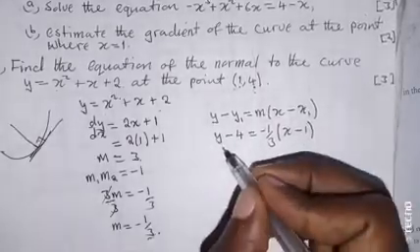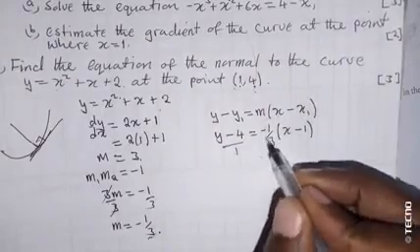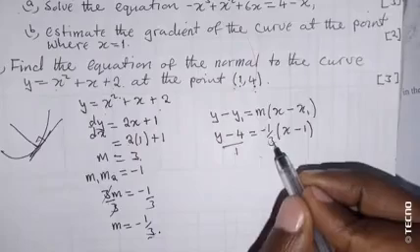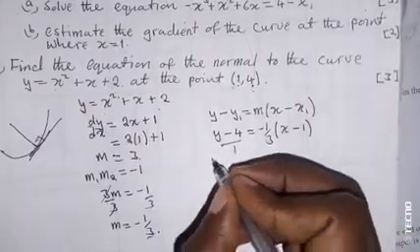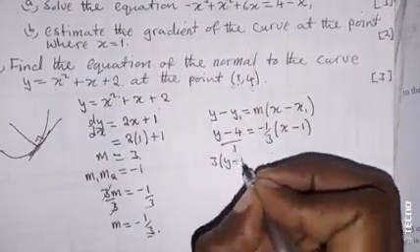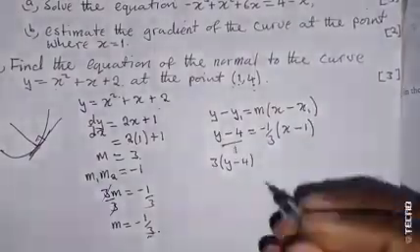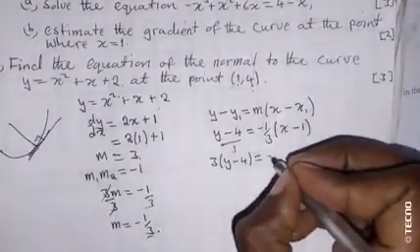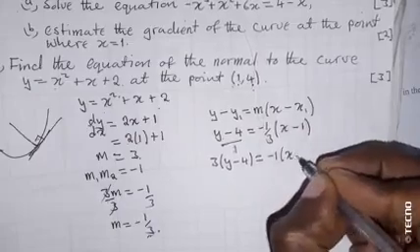Adding something like this here, you can say over 1. We can multiply across. So 3 times this, you are going to have 3 open bracket y minus 4, we close. Then this times this, here again you have -1 multiplied by x minus 1, we close.